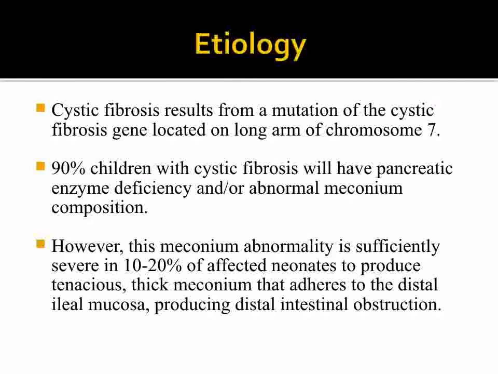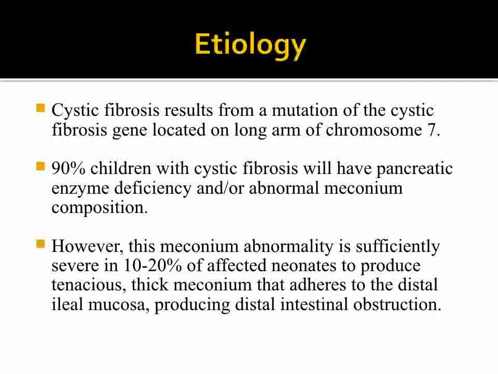The high protein content will make this meconium very thick, very viscid, and tenacious, so it will become adherent to the wall of the intestine in the narrowest part of the intestine. What is the narrowest part of the intestine? The narrowest part is the distal ileum.